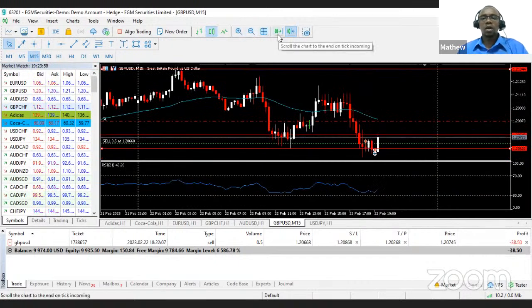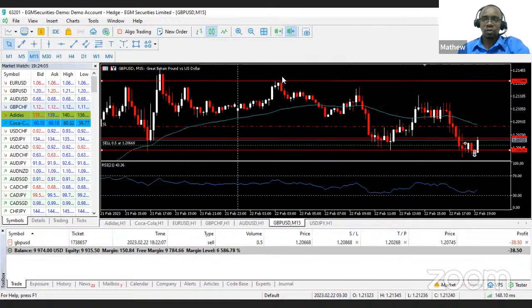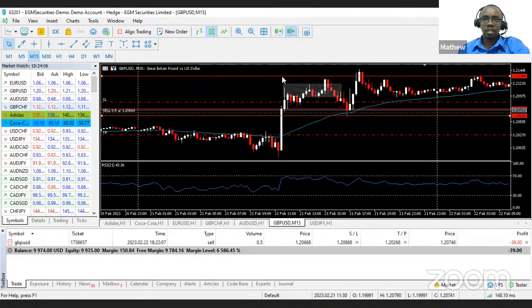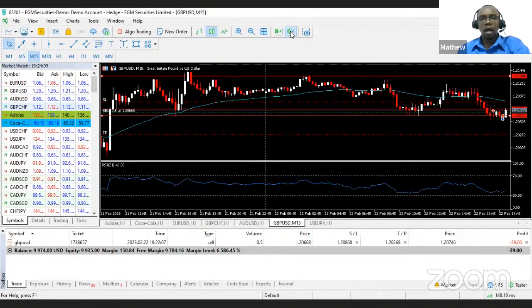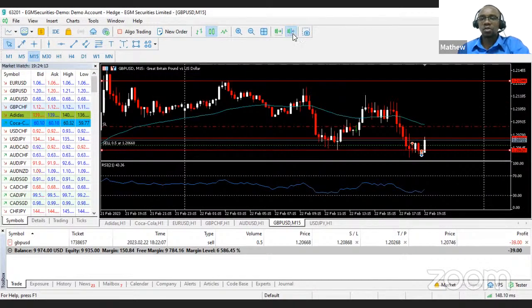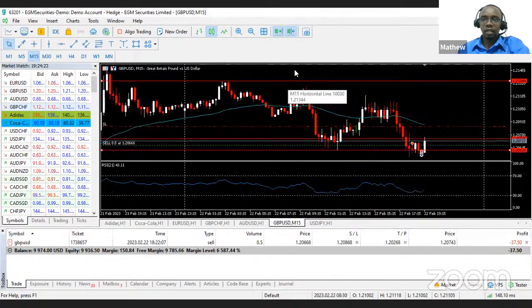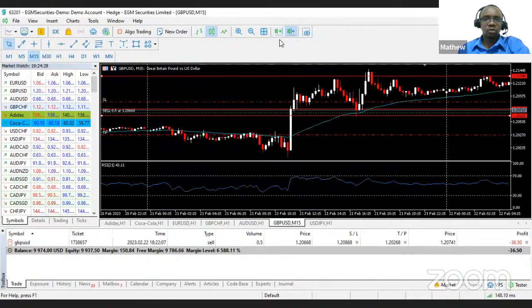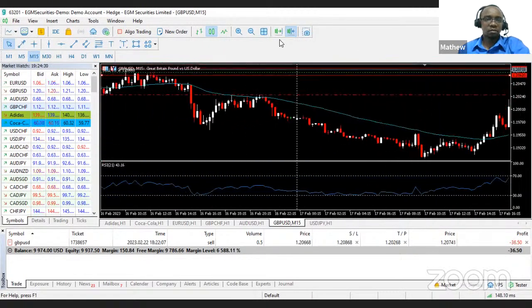Now, there's also moving left. There's a challenge where traders are unable to move left. Let's say you move this way, in most cases, if you've not set it out, the moment you move in a certain direction, price tends to go back to the current market price. So to make sure that you don't have that challenge, always click that, and you should be able to scroll through your charts backwards.